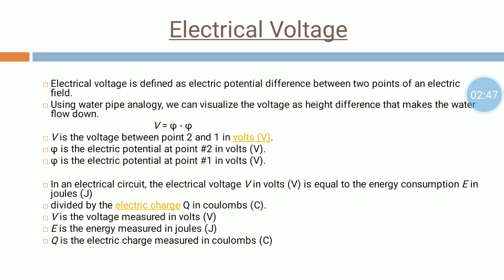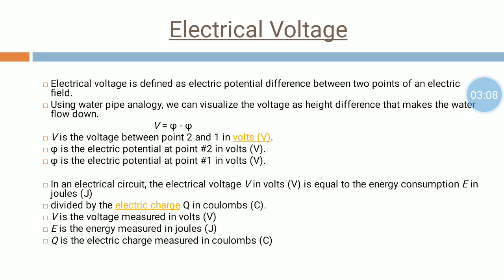This means there will be some potential difference when we consider 2 points. For example, consider 2 beakers. In the first beaker we have filled 200 ml, and in the other beaker we have filled only 10 ml.